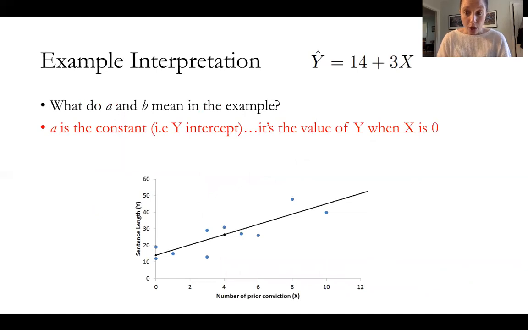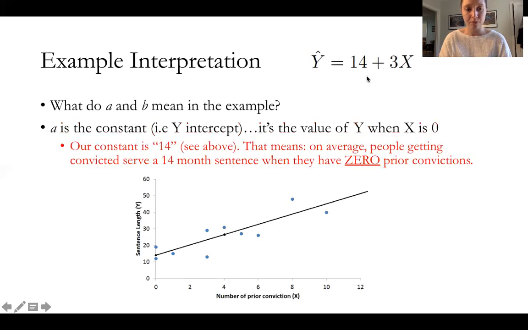Well, we know that A is the constant, or the y-intercept. It's the value of y when x is 0. So go down here. When x is 0, all the way down here, y equals 14. That's where that 14 came from. It's where the line crosses the y-axis. So that's our y-intercept, or what we call our constant.